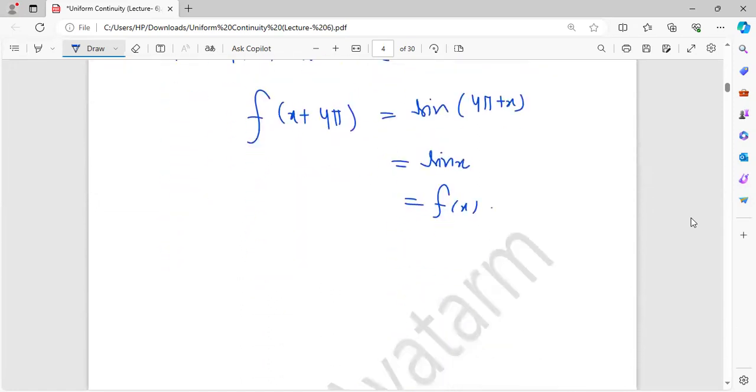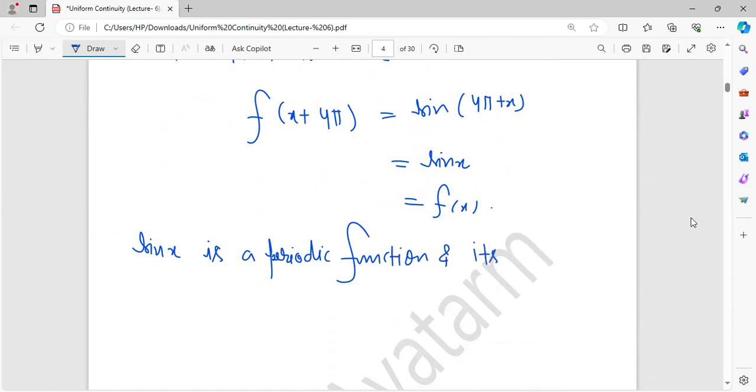So sin x is a periodic function and its period is the smallest T which satisfies this. 2 pi is the smallest one, and its period is 2 pi.